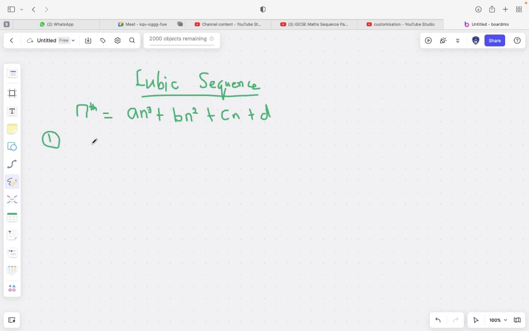Now, for example, if we say deduce the rule for the nth term of the sequence -6, that's the first term. Then the second term is -8.